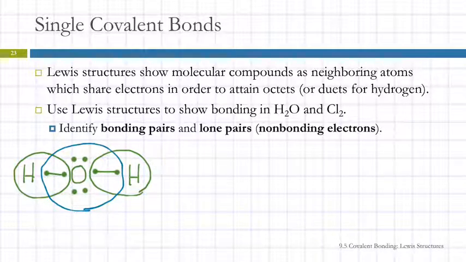It says identify the bonding pairs and the lone pairs, so you can choose your way of identifying that. Those 2 electrons up there and these 2 down there are not being shared. They're not involved in a bond.